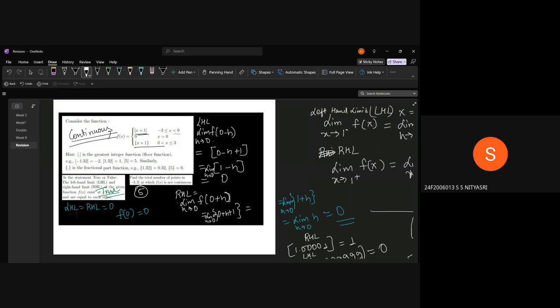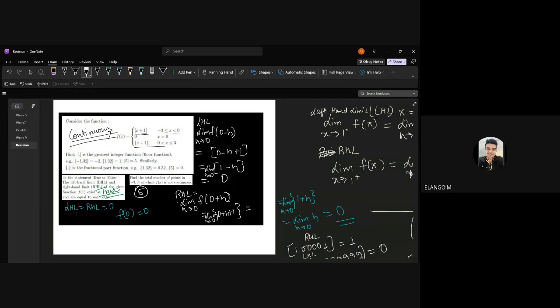If the graph breaks at a point, that is the graphical way, but in a theoretical way: if the left hand limit and the right hand limit are not equal, then the function is discontinuous, right? So check the left hand limit and the right hand limit at every integer point.